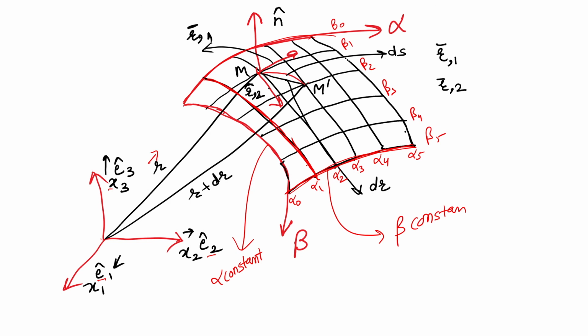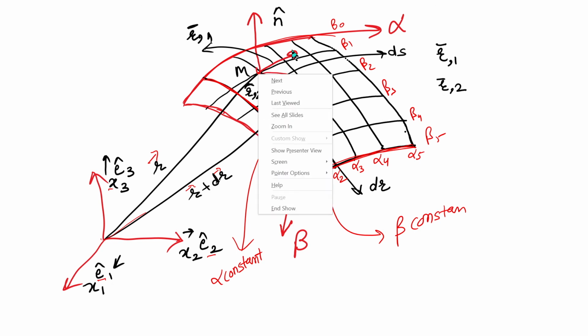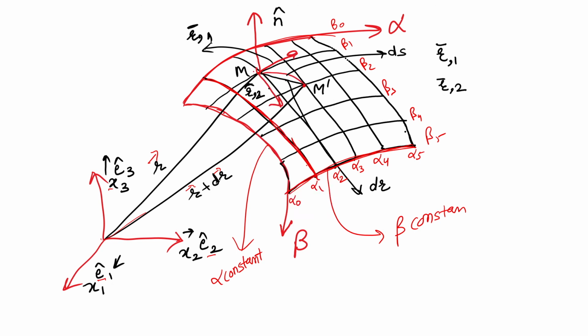After some time, after applying the forces and subjecting to the boundary conditions, this material point moves to this point M dash, and now the position vector will be r plus dr. Over this point, the tangent to this will give you r comma 1, the tangent along this line will give you r comma 2, and the normal to this surface will give you n hat, the surface normal, because this is our tangent plane.